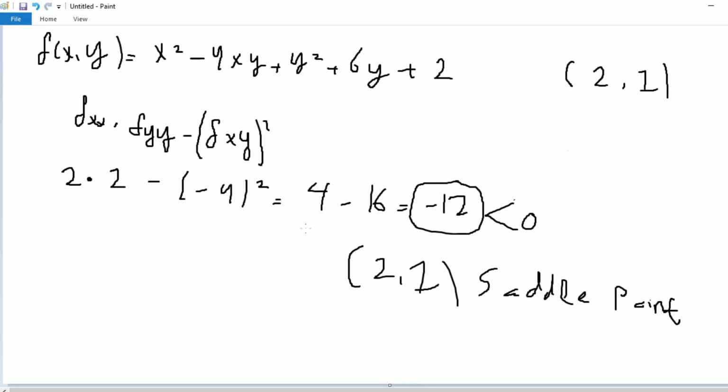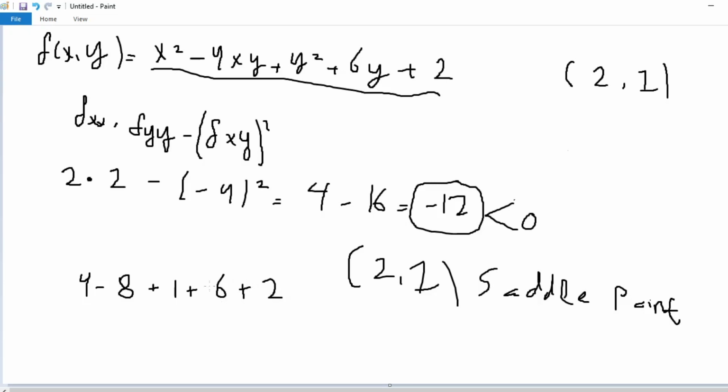So you need to put into the original equation every x as 2 and every y as 1. So we can write: x squared is going to be 2 squared, which is 4, and then negative 4 times 2 times 1, which is negative 8, and then plus y squared, which is 1, and then plus 6 times y, which is 6 times 1, which is 6, and then plus 2.